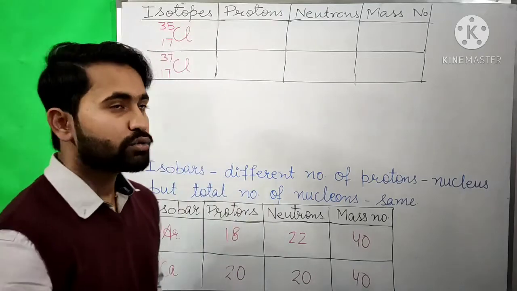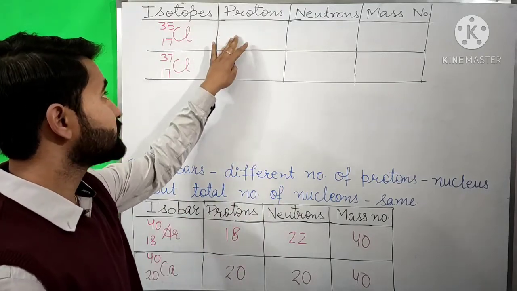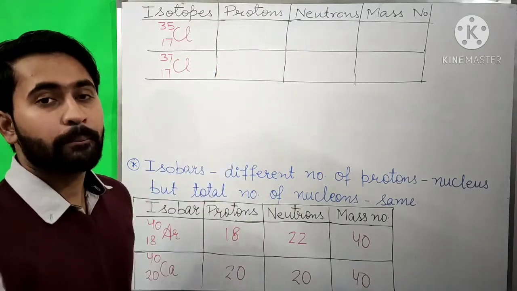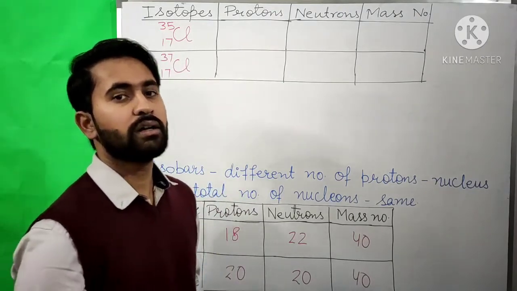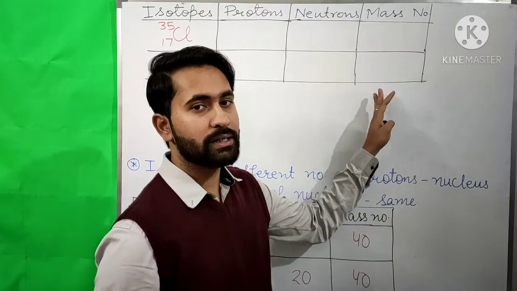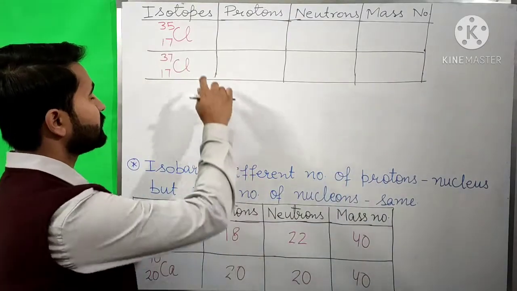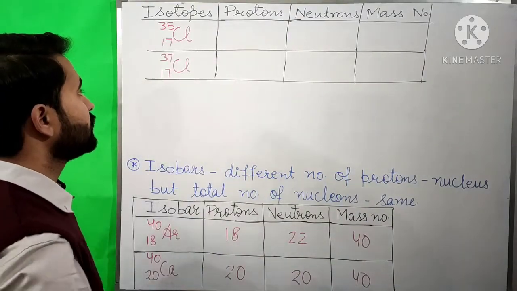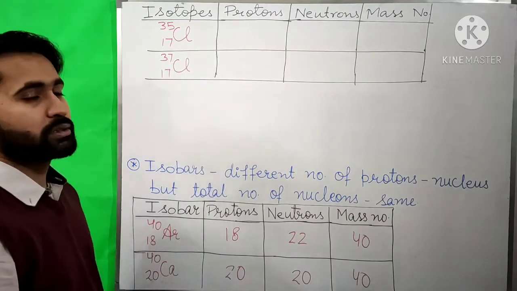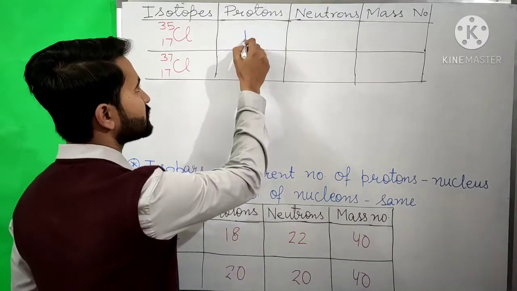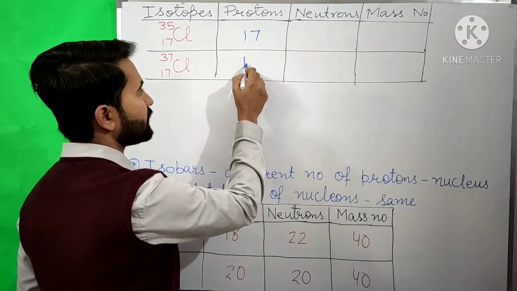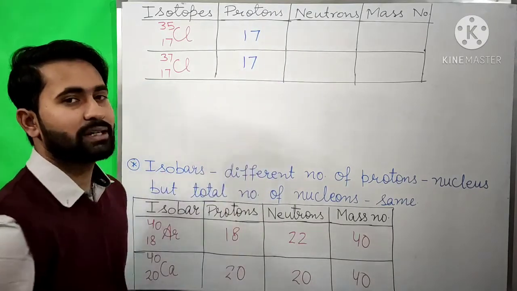If we compare the isotopes with the isobars, isotopes have the same number of protons but a different number of neutrons, or you can say their mass number is different. Like in this example, both the isotopes have the same number of protons, that is 17, because their atomic number is 17.